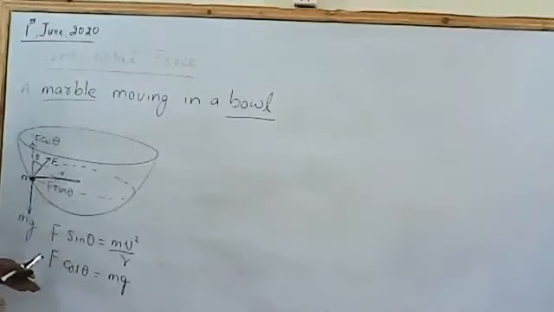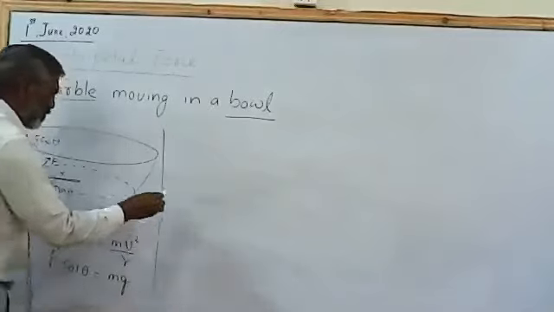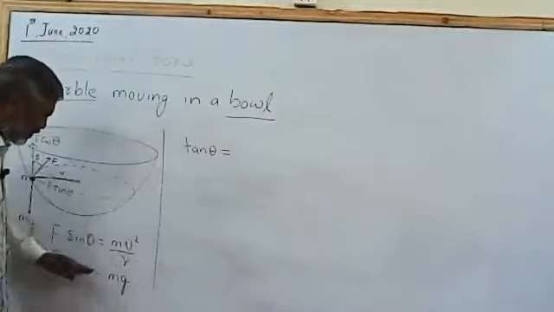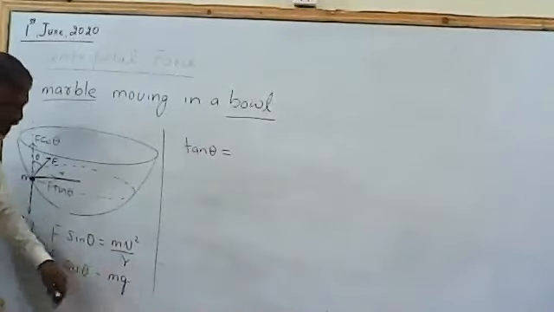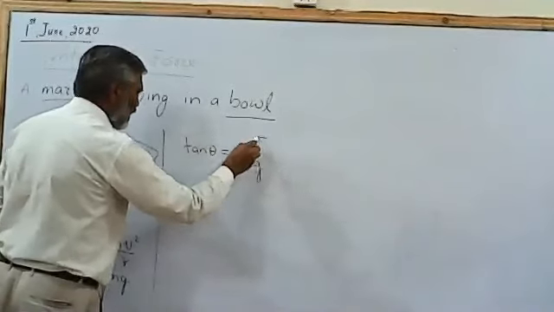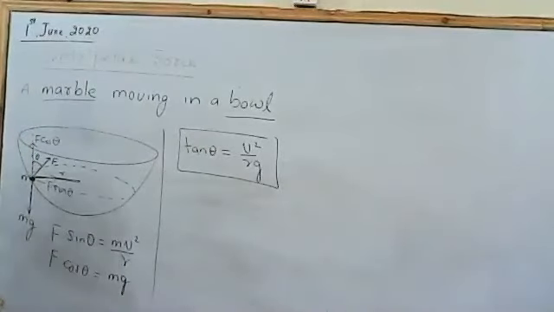Once again, you have to divide this equation by this, and a familiar relationship, tan theta is equal to this divided by this, in which mass gets cancelled, v square over rg, and this is the same equation that we have derived in the previous two examples.